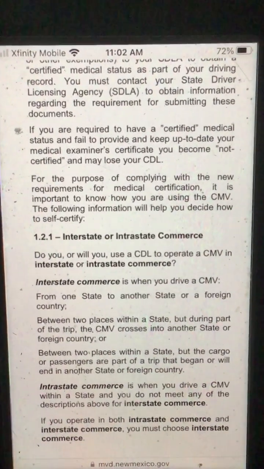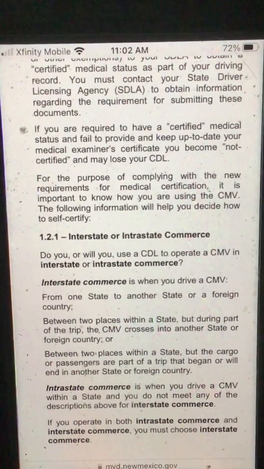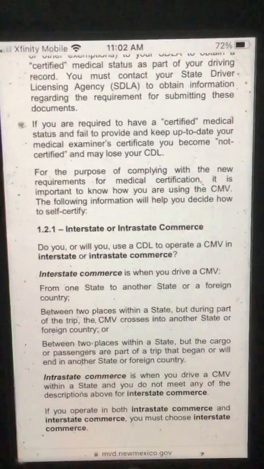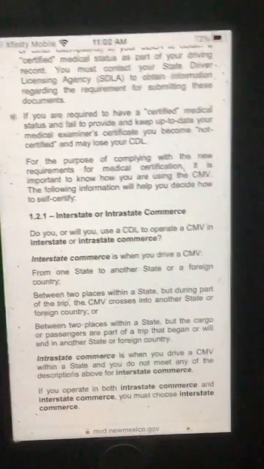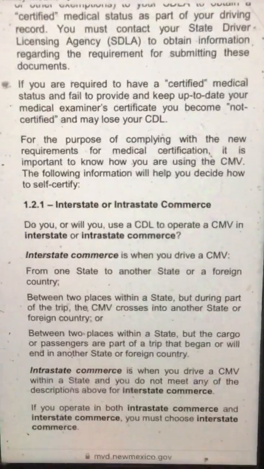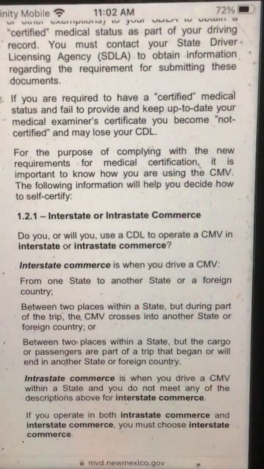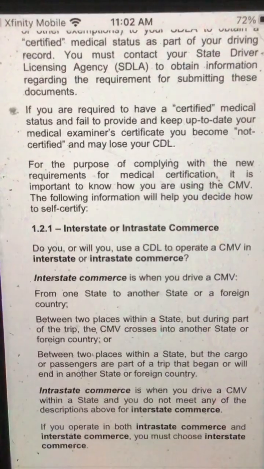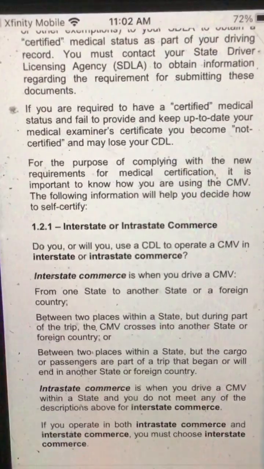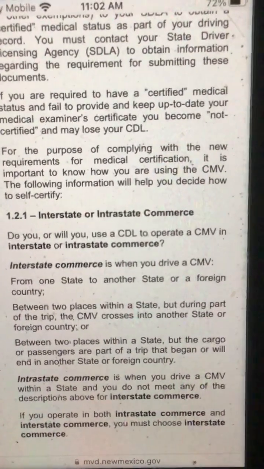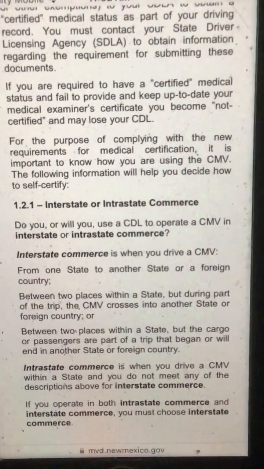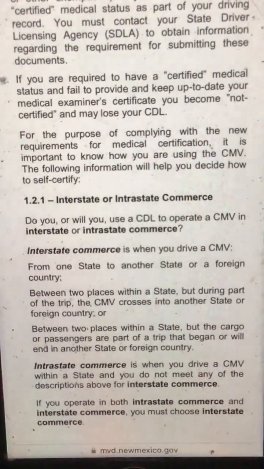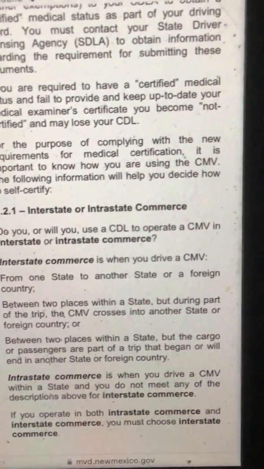Interstate commerce is when you drive a CMV from one state to another state or a foreign country, between two places within a state, but during part of the trip, the CMV crosses into another state or foreign country, or between two places within a state, but the cargo or passengers are part of a trip that began or will end in another state or foreign country.